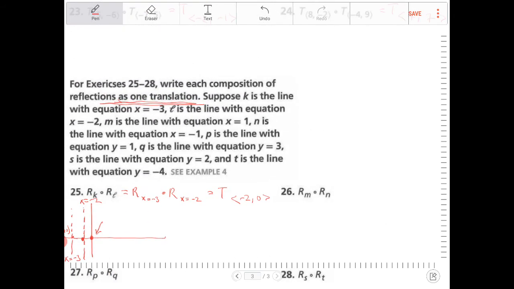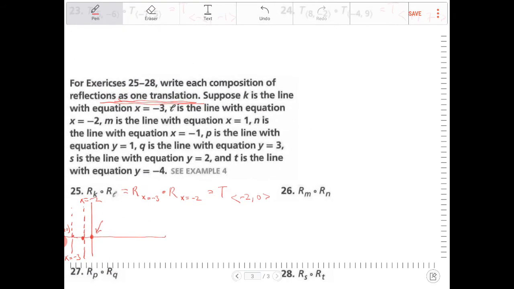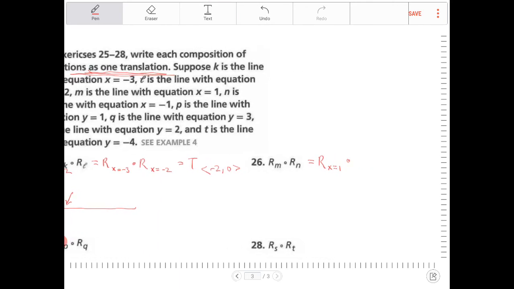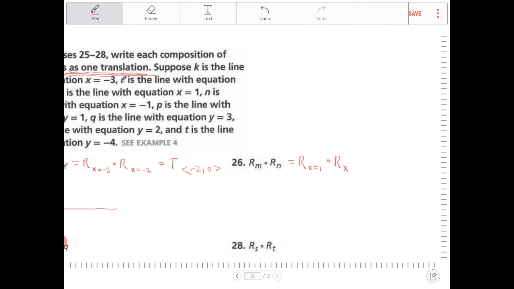Okay, M and N. So what exactly is M? M is x equals 1. And what is N? N is x equals negative 1. So again, if I perform this very similar process, if I'm at 0, 0, if I reflect over the line x equals negative 1, I will end up at negative 2 comma 0.